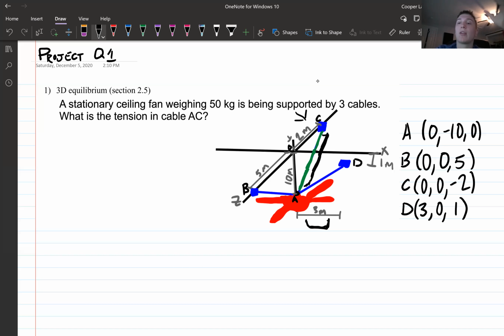Now I'm going to figure out the magnitude of each cable as well as the overall points of each cable that it goes between. First things first, I'm going to do AB.